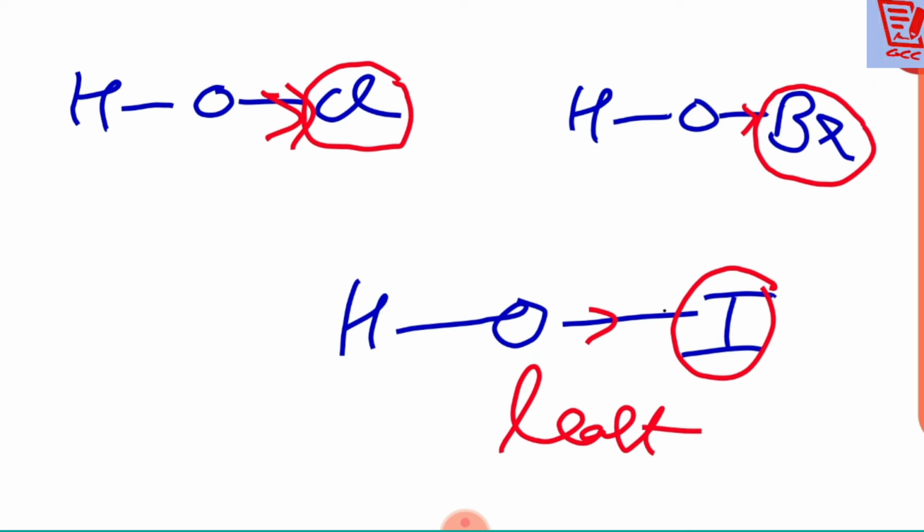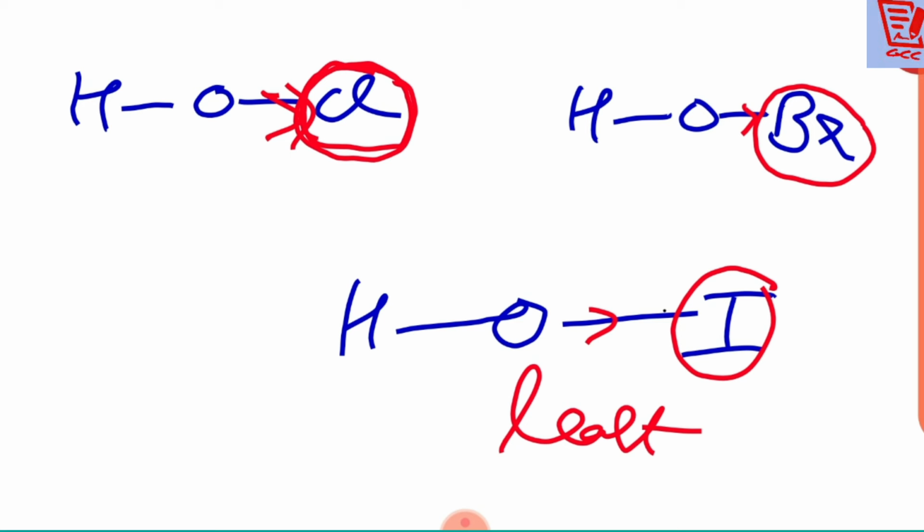And when the chlorine attracts the electron from the oxygen towards itself, then what will happen? Then the release of H positive ion will be easier from HOCl. Why is it so?